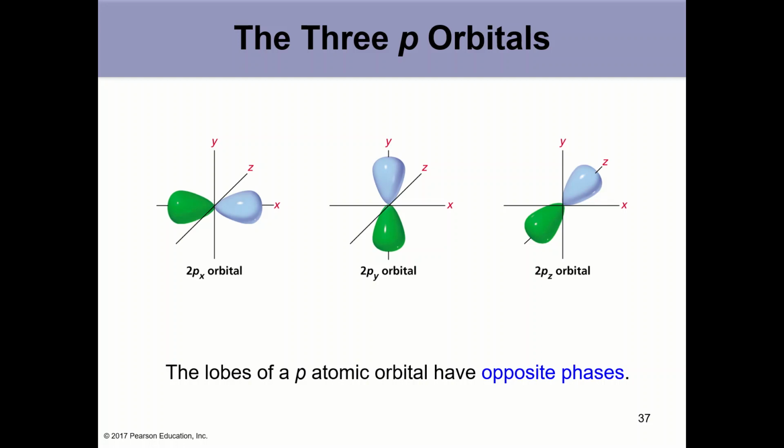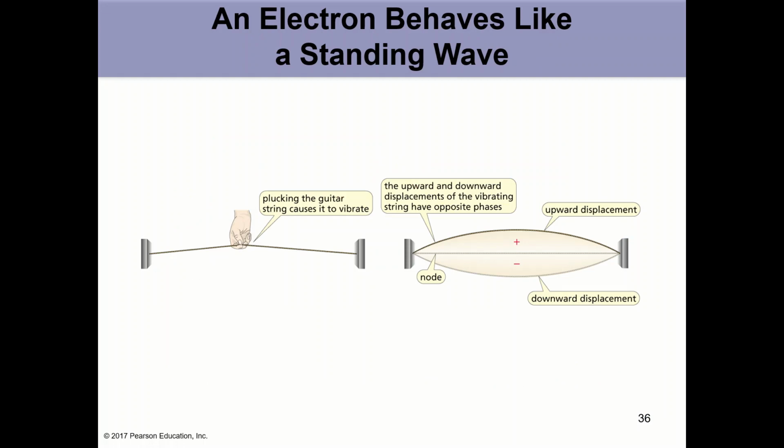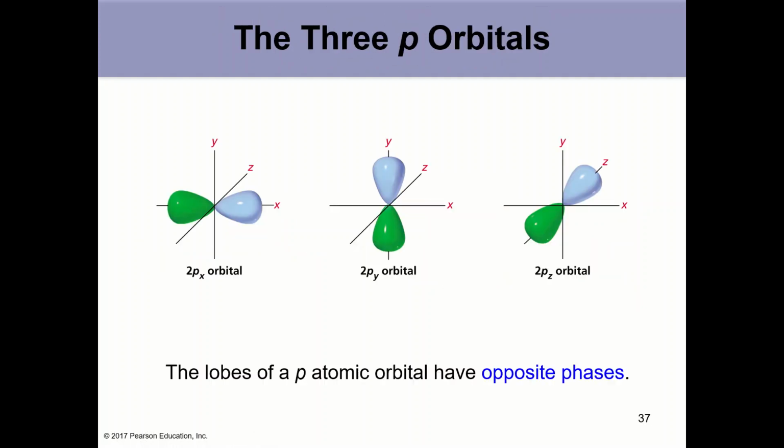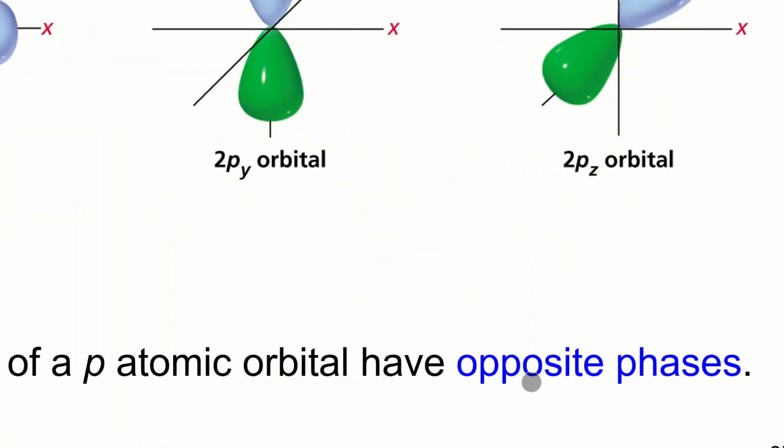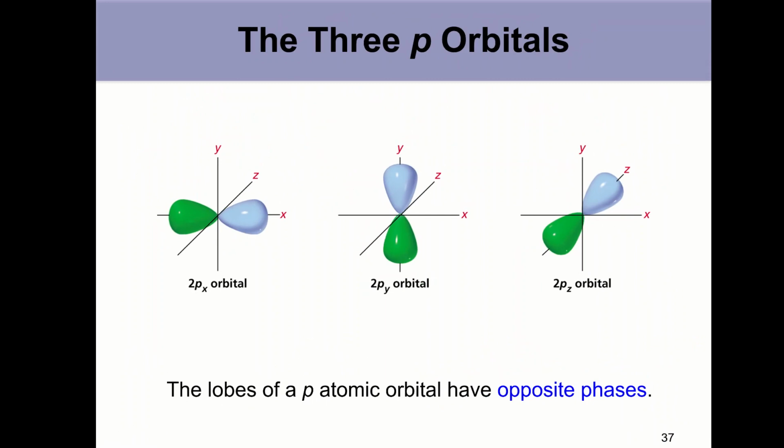They have 1 node between 2 regions of space, and that is why it is bicolored. It has blue and green because basically one end is positive or upward displacement and the other end is negative or downward displacement. What we can say about that is that they have opposite phases.